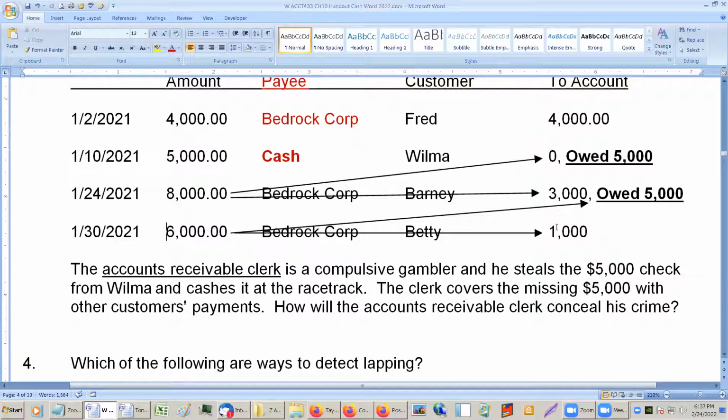And there was only 7 or 15,000 deposited. That didn't come out right. I did my math wrong somewhere. There's 5,000 missing. There would have been $5,000 short at some point.